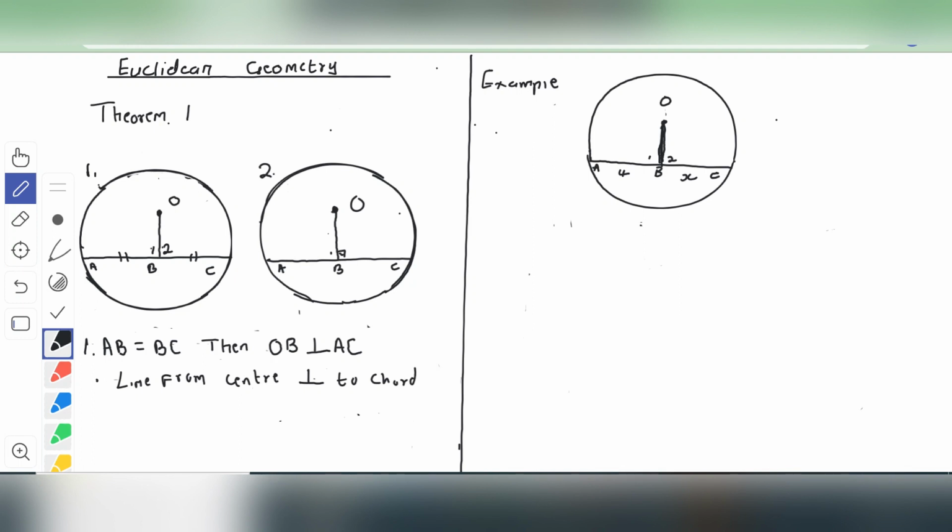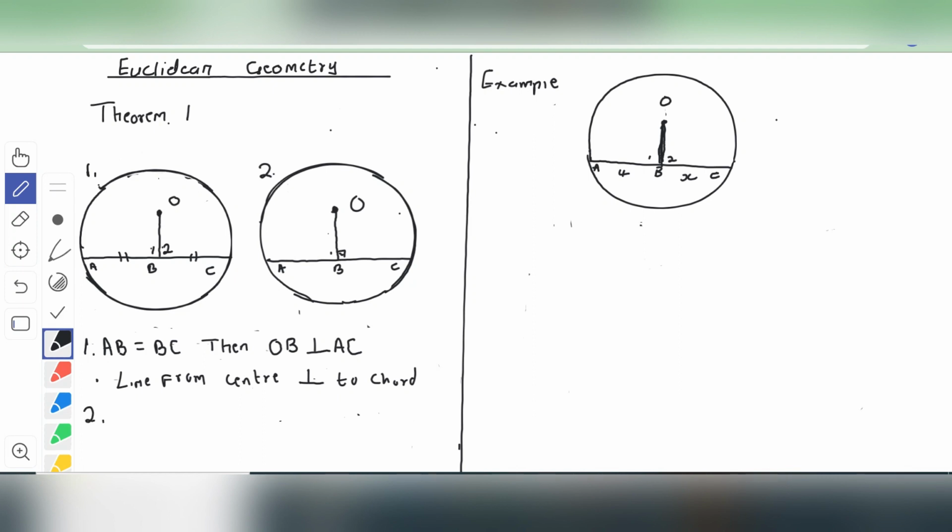Okay, that's the first one, guys. We saw that from the first diagram, we're only given that AB is equal to BC, and then the reason is line from the center is perpendicular to the chord. We'll explain it more after doing the second one.